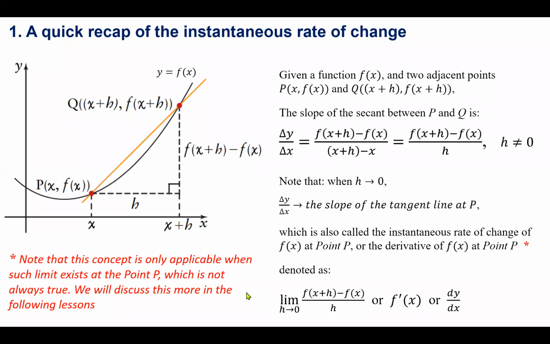This is read as the limit of f(x plus h) minus f(x) over h as h approaches 0. The limit of this function is defined as the instantaneous rate of change at our point P. Or this can also be denoted by f prime of x or dy by dx.